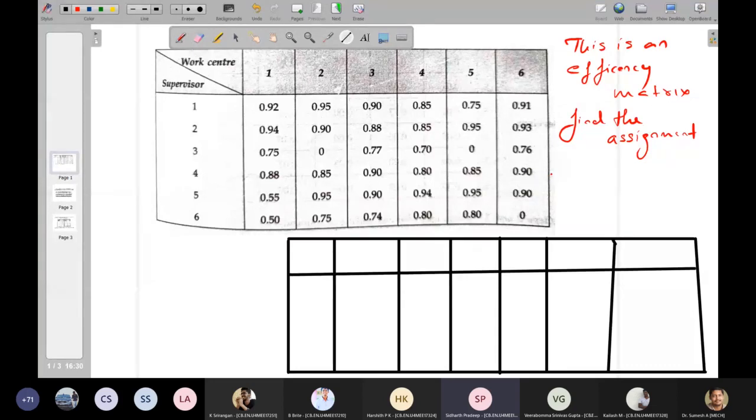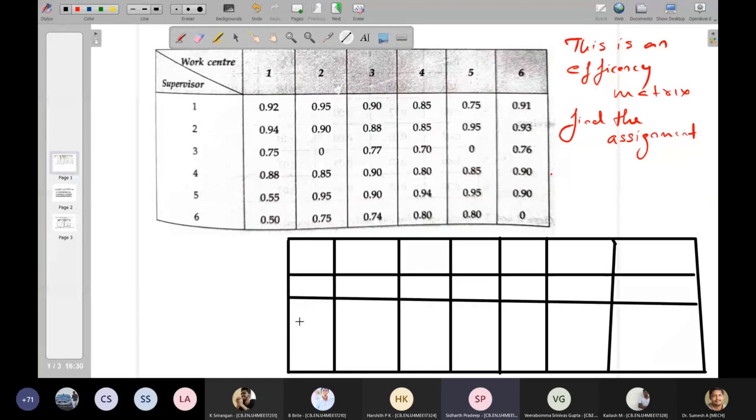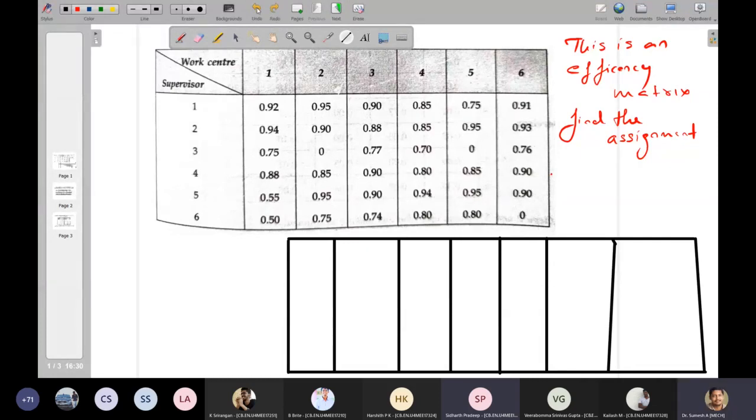Take the highest value, divide all by that value. Why divide all? So that you will get 1. Highest efficiency is 1.